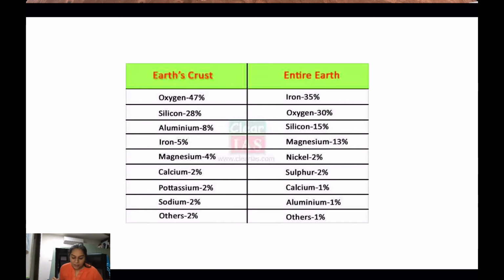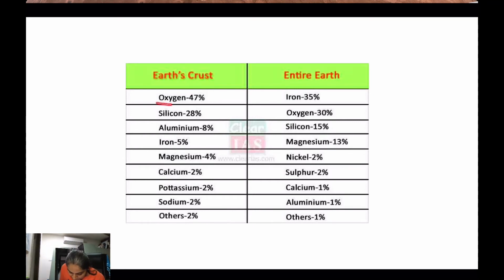Marking the important elements in the Earth's crust and the entire Earth in descending order of their availability. The most important thing to remember is that on the Earth's crust, when we say Sial and Sima, we all think that silica will be the main element, but it is not.